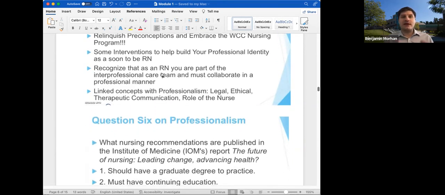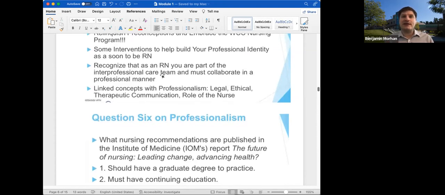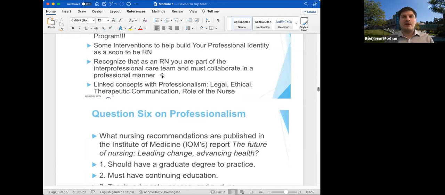Recognize that as an RN, you are part of this interprofessional care team and must collaborate in a professional manner. Remember, all these other groups will look to you as the registered nurse. I'm not sure how many of you as LPNs participate in the care team.